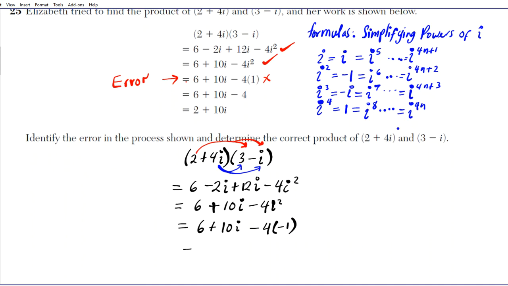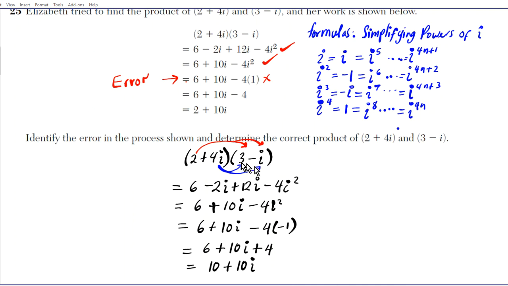We'll have 6 plus 10i. Now this minus and this minus multiply to give us plus 4, unlike minus that she has here. And then to finish things off, we'll just combine the real parts. 6 plus 4, which is 10. 10 plus 10i. And that's the final result.